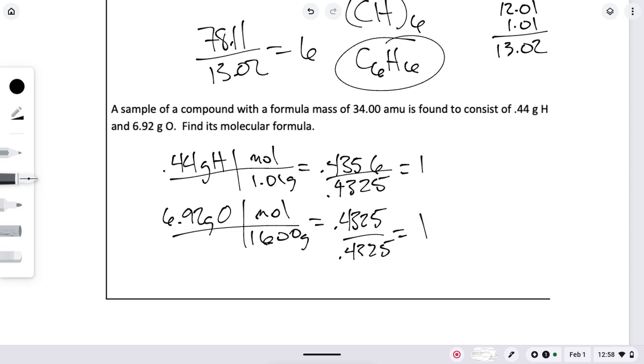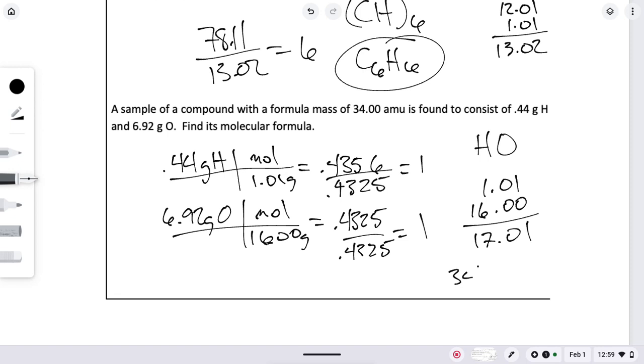But that just gives me an empirical formula. That tells me I have 1 hydrogen for every oxygen, right? But that's not my real formula. I find out my real formula by thinking, okay, if that was my empirical formula, I'd have 1.01 plus 16. That'd be 17.01. That's my empirical mass.